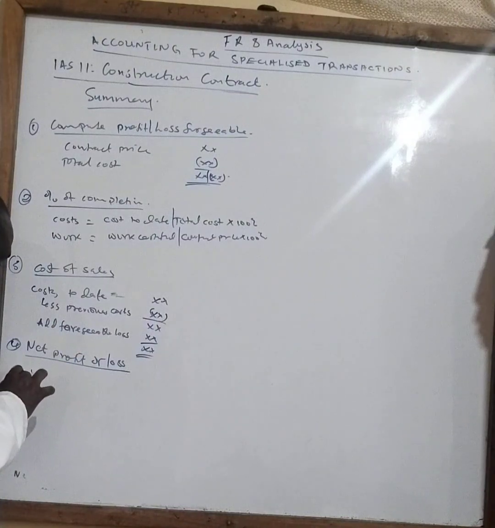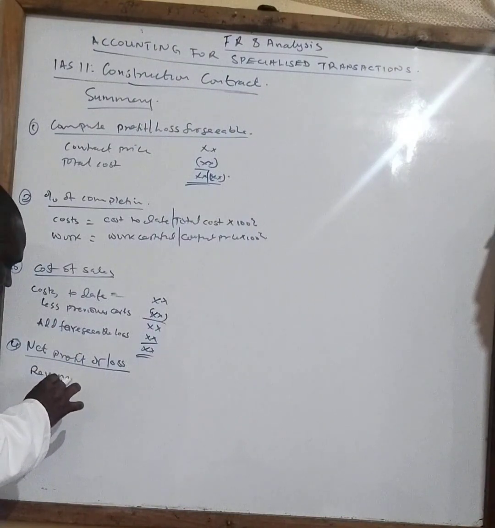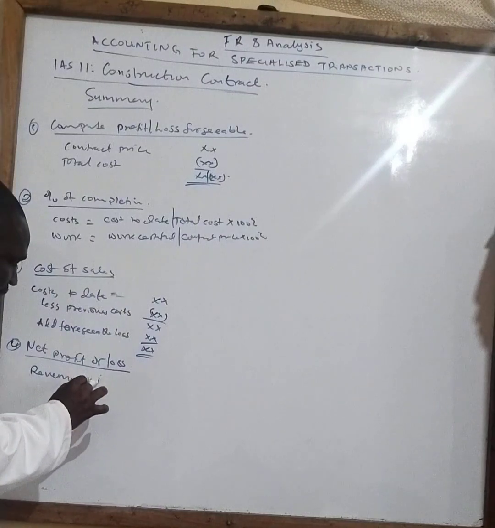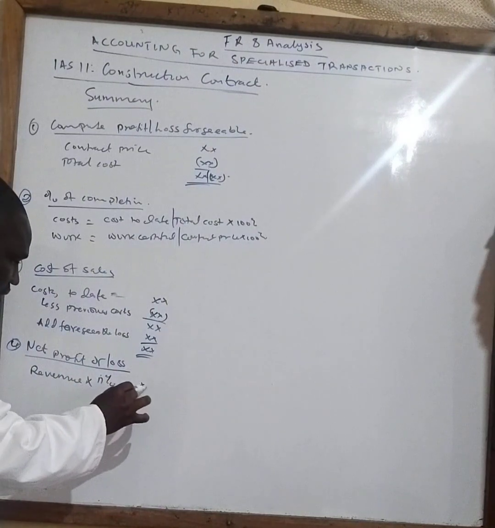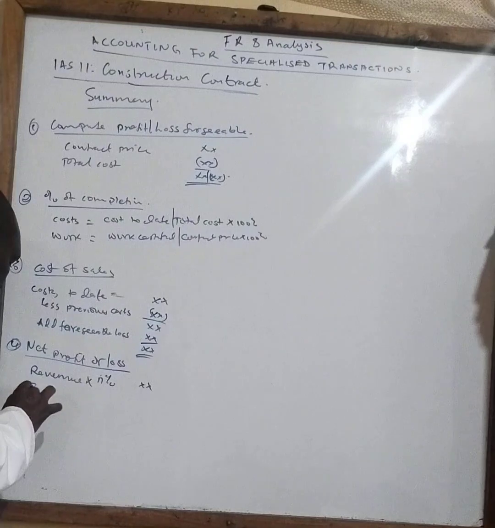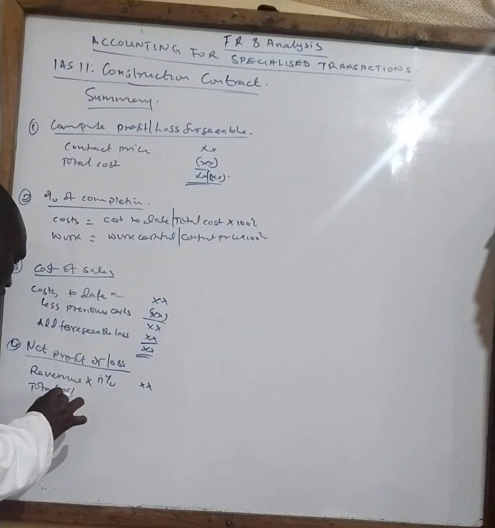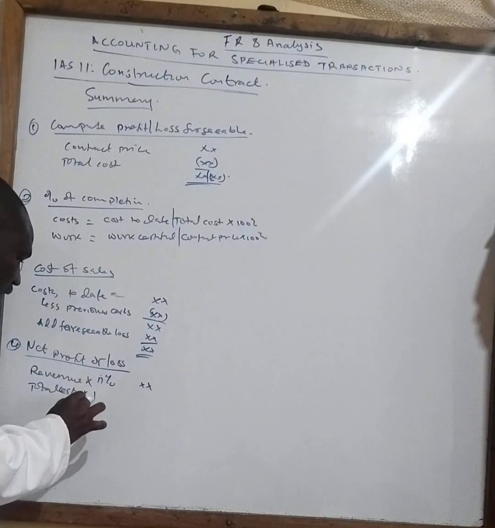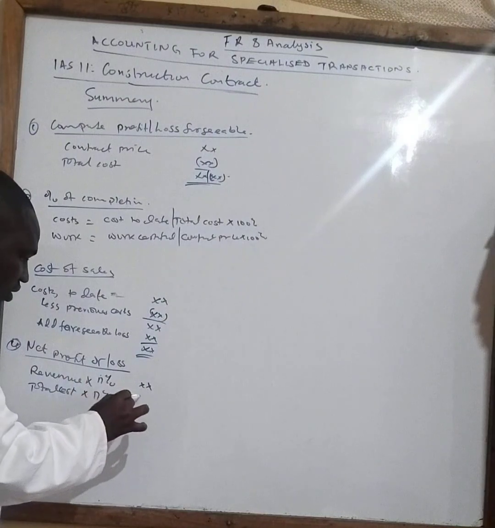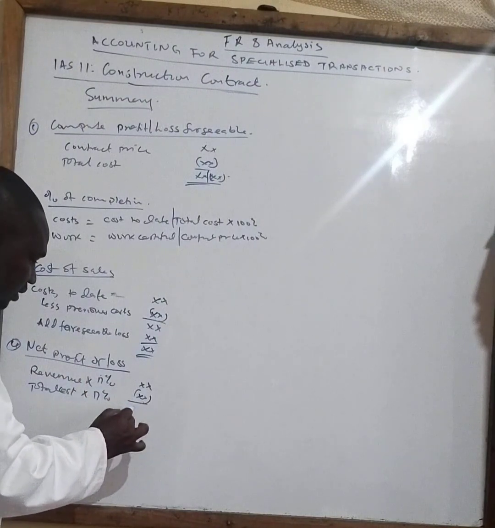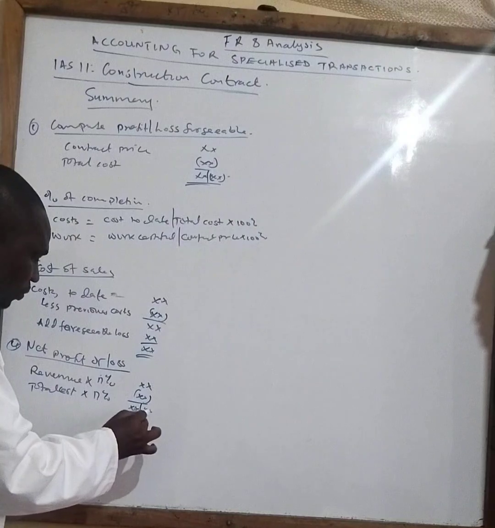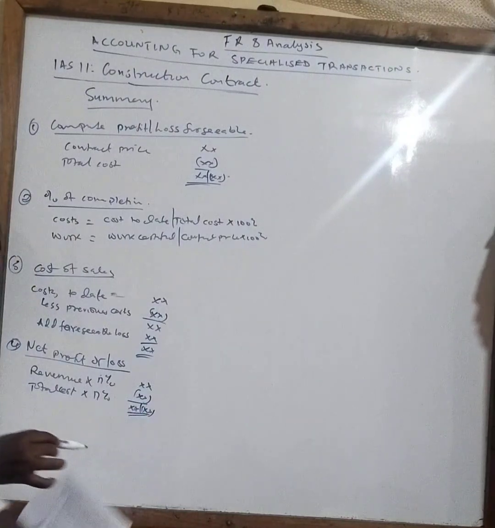So you take revenue times percentage, then total cost times percentage. The answer you get is either a profit or a loss.